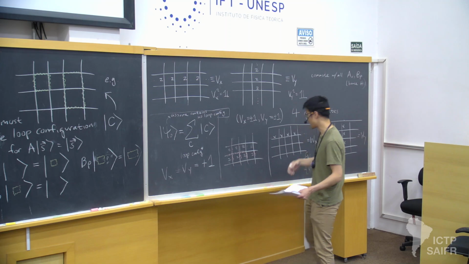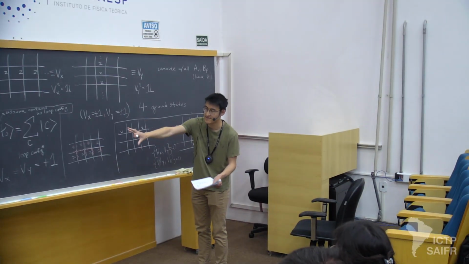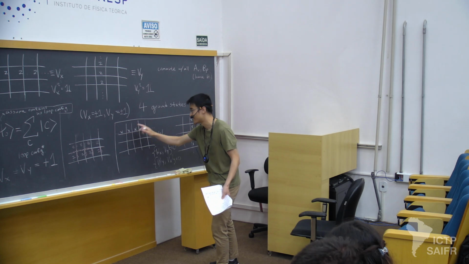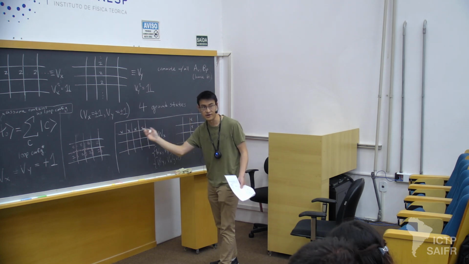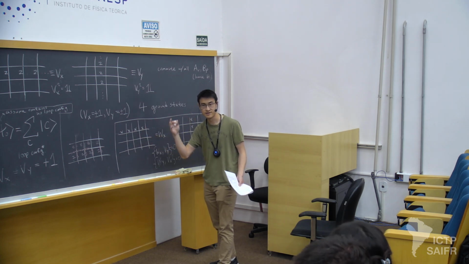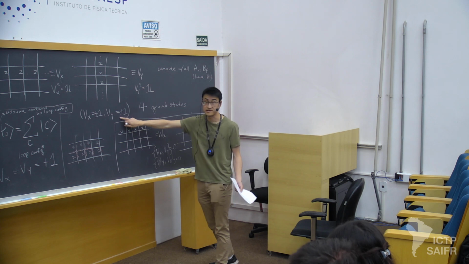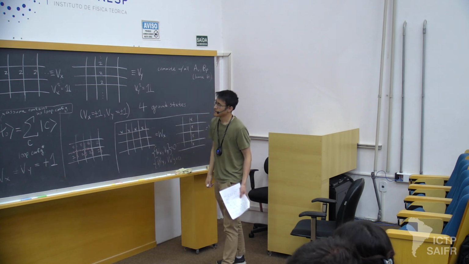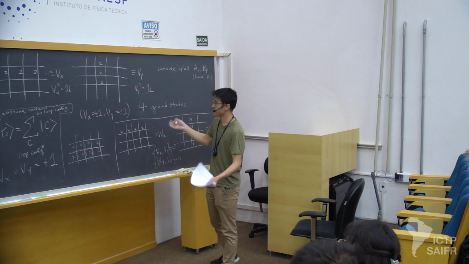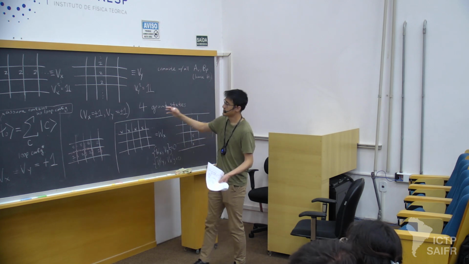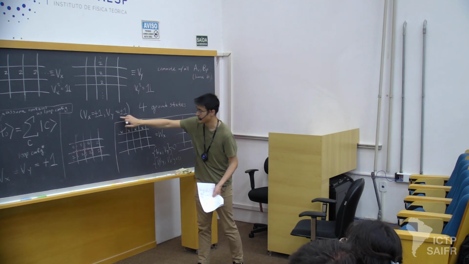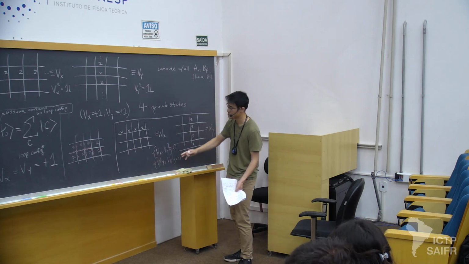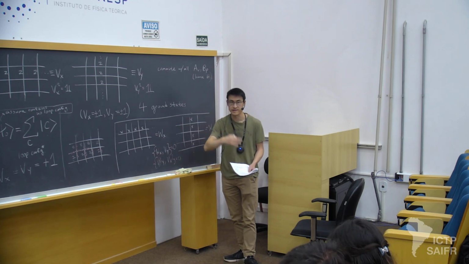But if I hit this canonical example with Wx, then now I have an odd number of loops winding around the horizontal direction, so I'll be in a different sector now. So the summary here is that I've labeled the 4 different ground states, and I've shown you these operators which can toggle between the ground states.